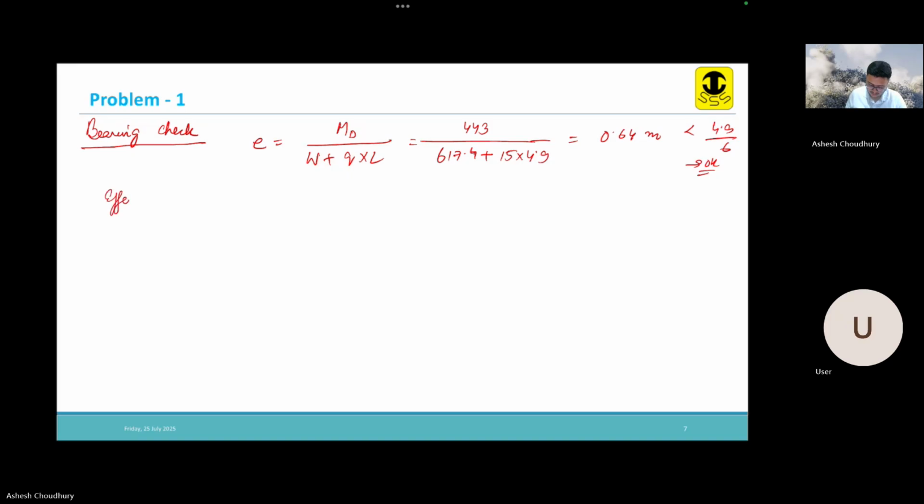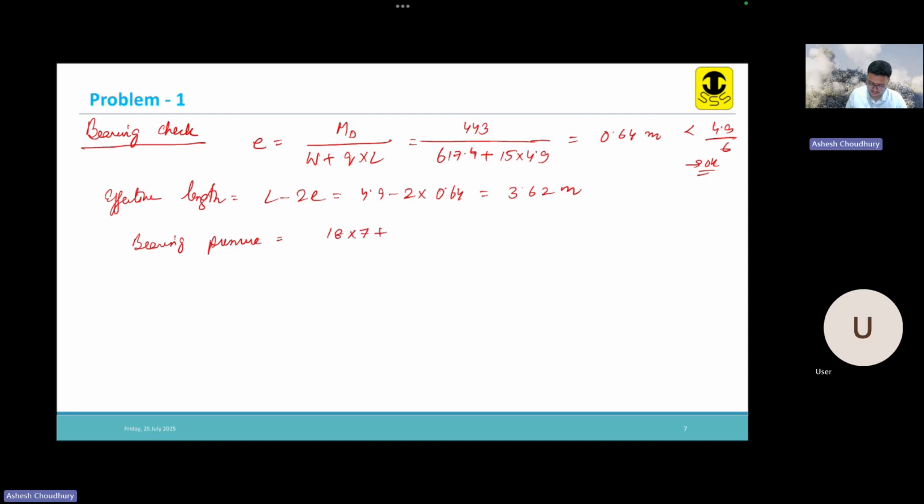Effective length, bearing pressure: 18 into 7 plus 15, 9 by 3.62.